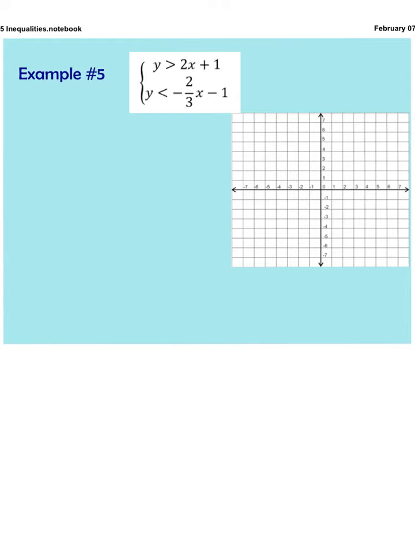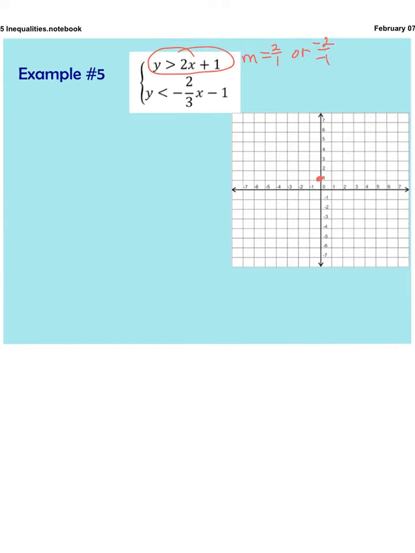Okay, so let's go ahead and look at each of these lines. So I'm going to graph this one in red. So it has a y-intercept of 1, so positive 1, and it has a slope of 2 over 1, or negative 2 over negative 1.